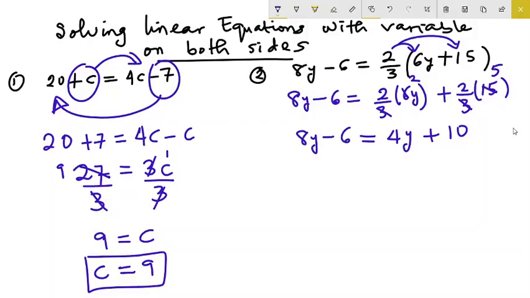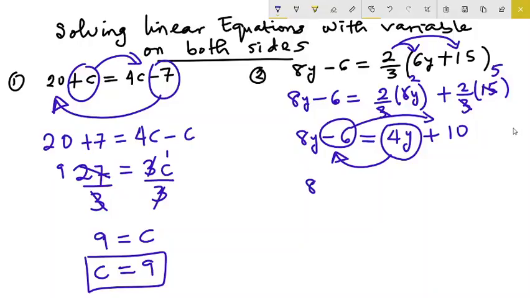Okay. So now we again want to bring every term with the variable to the left, and then everything without variables to the right. So we want to move the 4y to the left side.